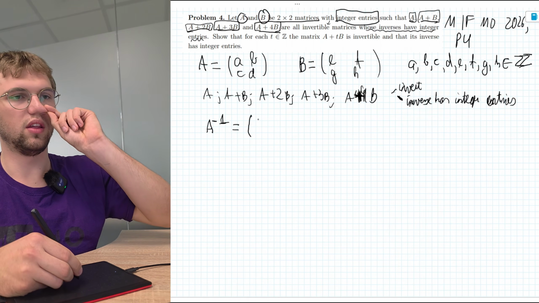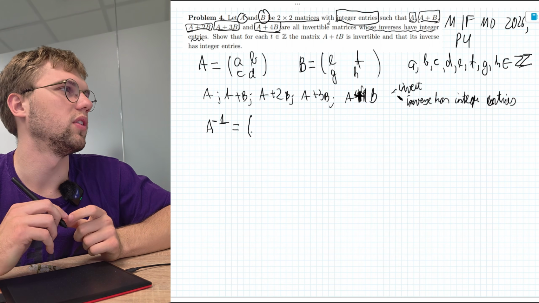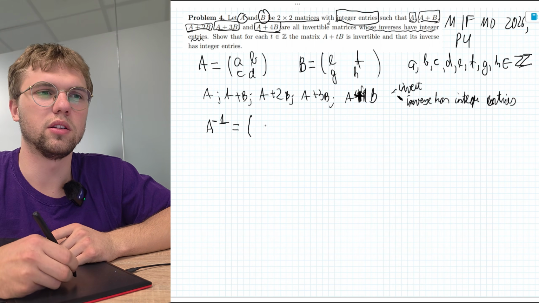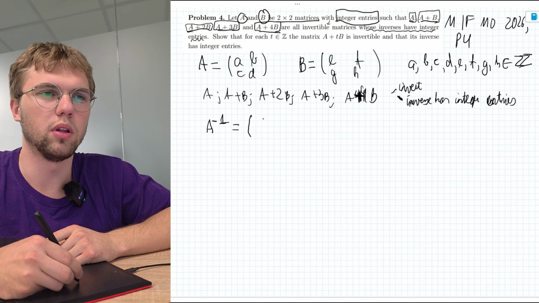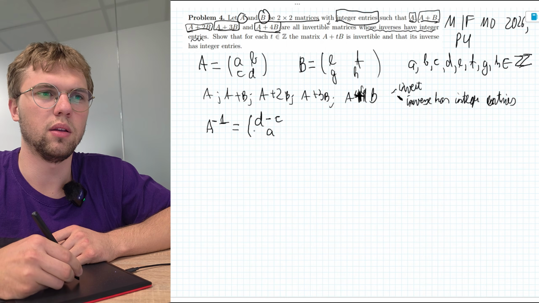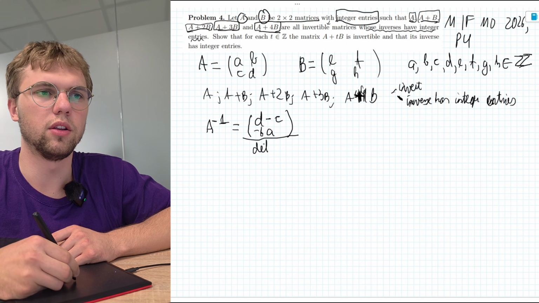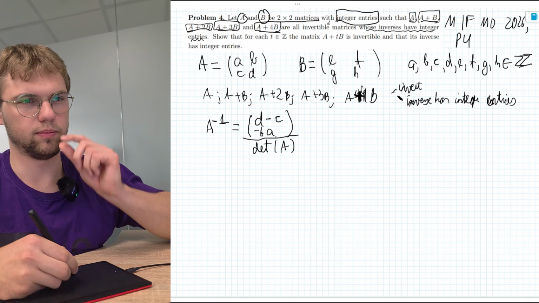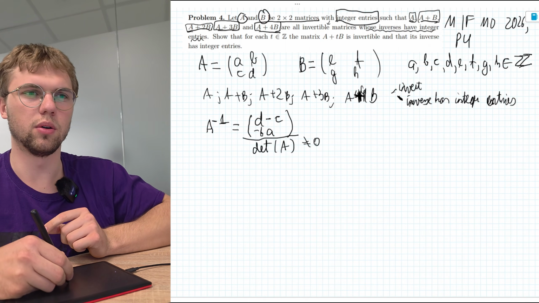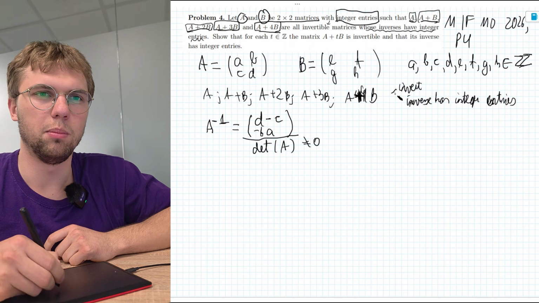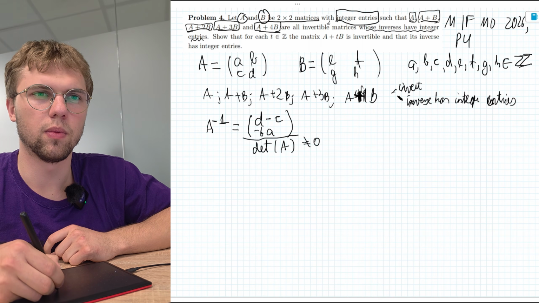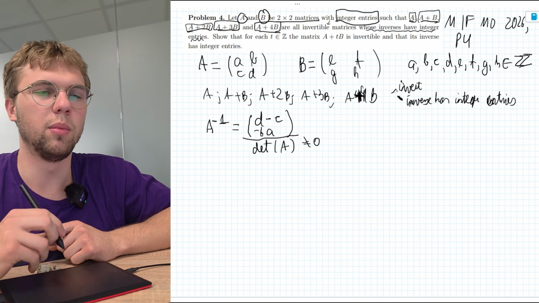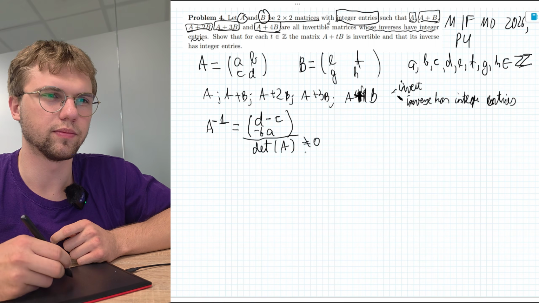I don't know how to say it, I'll just write out the formula, but it would be d, minus b, minus c, a, divided by the determinant of A, which is non-zero, because if it were 0, the matrix A wouldn't be invertible.